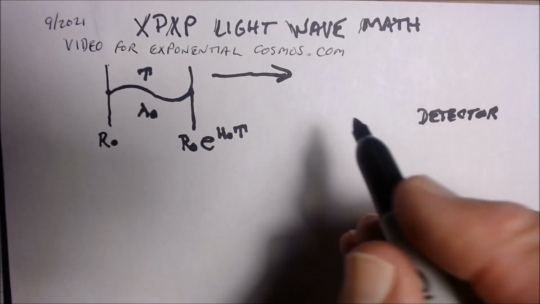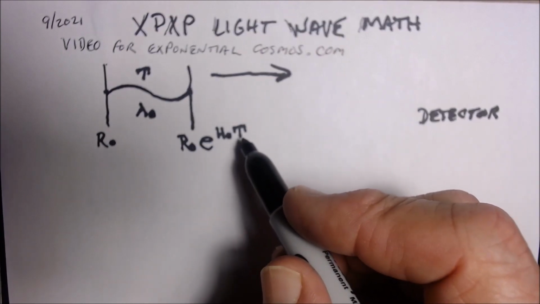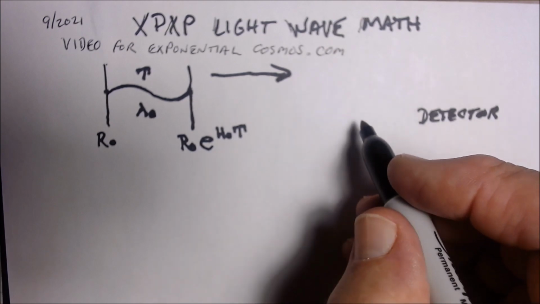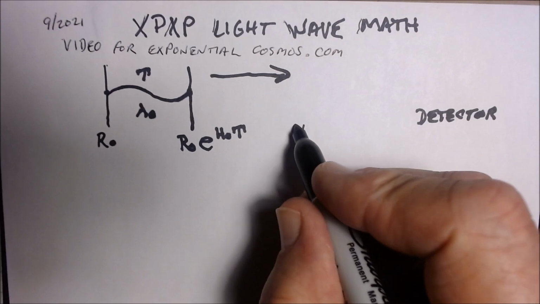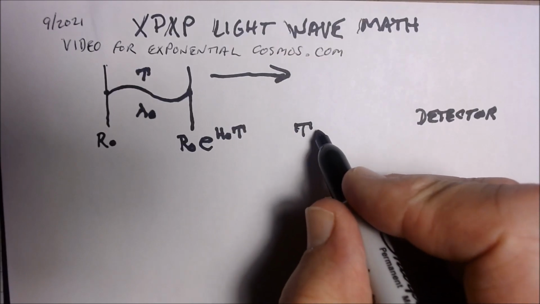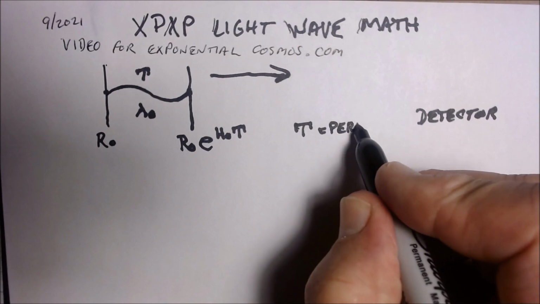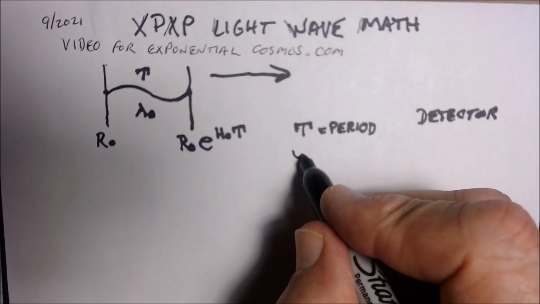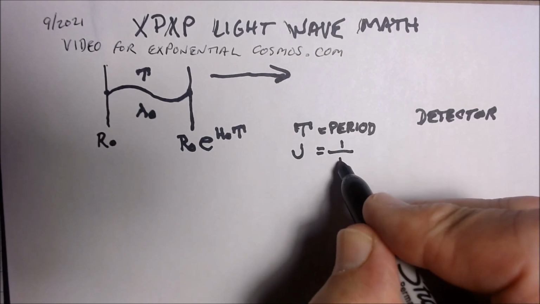One other thing is that the frequency of the wave is the inverse of the period, tau. That's the time it takes to start and finish one wave, and nu is equal to 1 over tau.